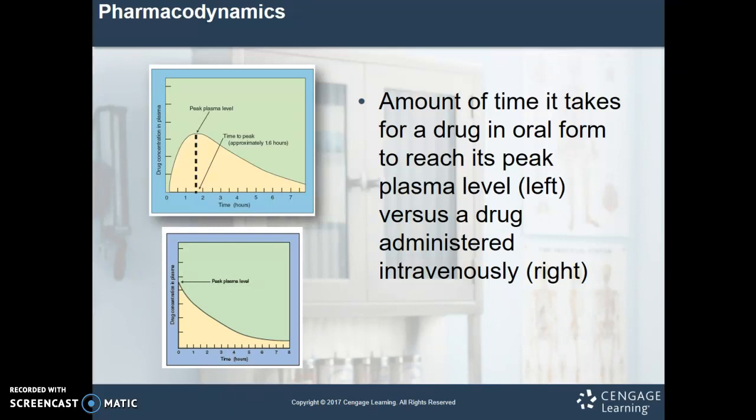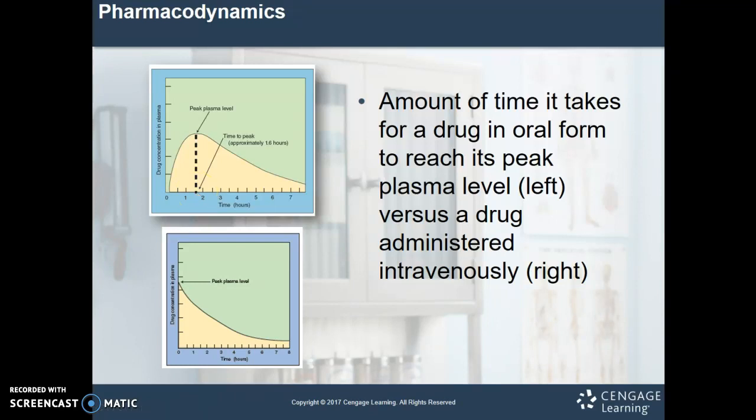At time 0, the patient takes the drug, it gets absorbed, it peaks at the plasma level right about here, and then it starts to be metabolized and excreted from the body as time goes on. So time to peak for this drug would be a little more than 1.5 hours after it's taken.